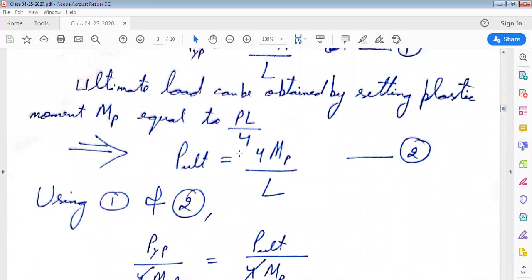So here we can see that the ultimate load is directly proportional to the plastic moment, and inversely proportional to the length of the beam.